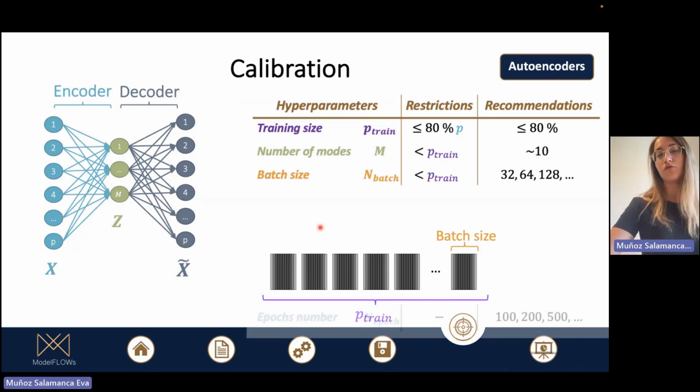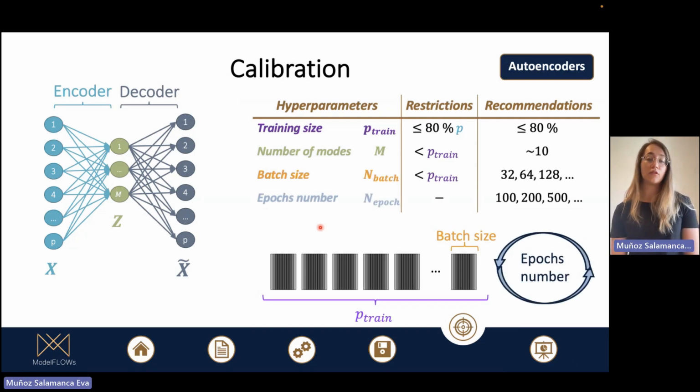So we recommend one of the two, and then the epoch number. The epoch number is the number of iterations that the algorithm does in order to achieve the solution. Just take into account that our algorithm also has an early stopping implemented, so if the number of epochs is high, maybe the early stopping will stop when it is decided that the solution has converged.